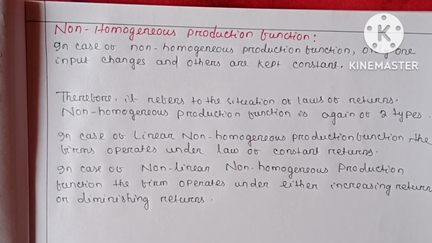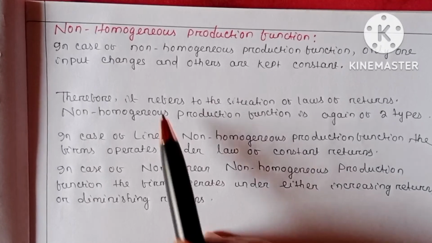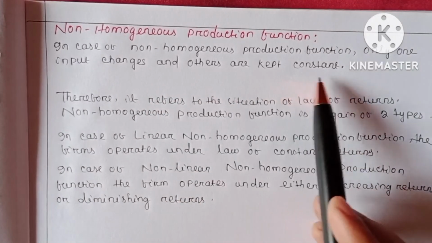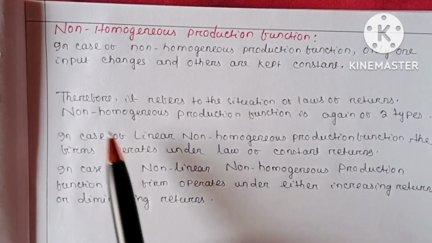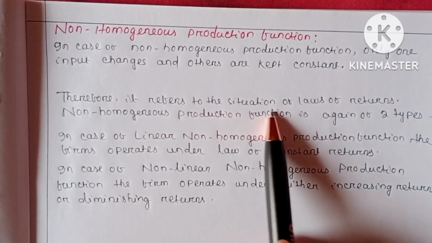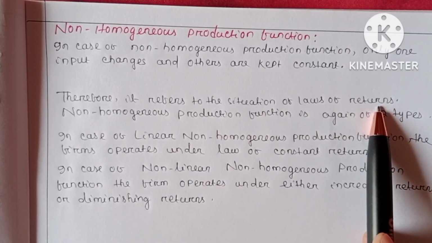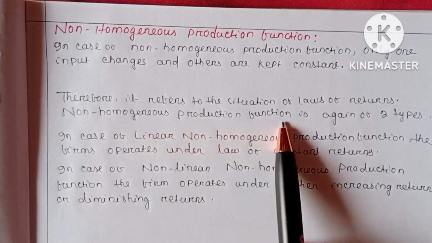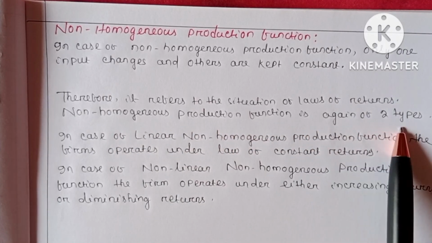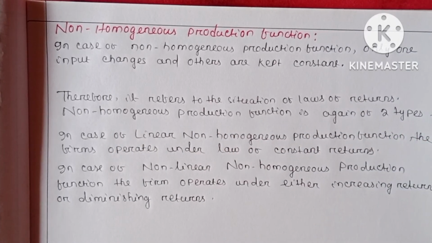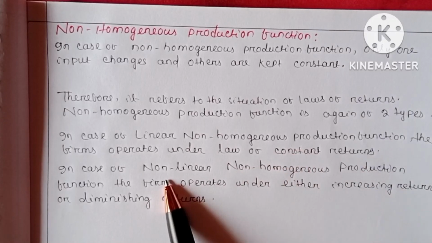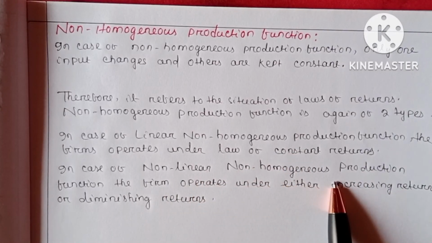Then next is the non-homogeneous production function. In the case of a non-homogeneous production function, only one input changes and the others are kept constant. Therefore it refers to the situation of the laws of returns. Non-homogeneous production function is again of two types: linear non-homogeneous and non-linear non-homogeneous production function.